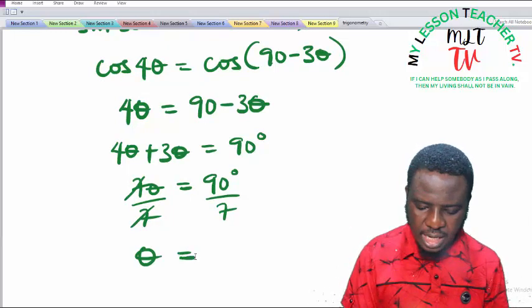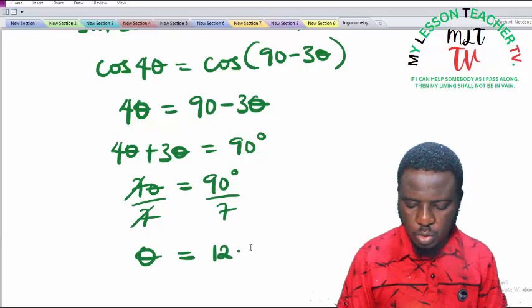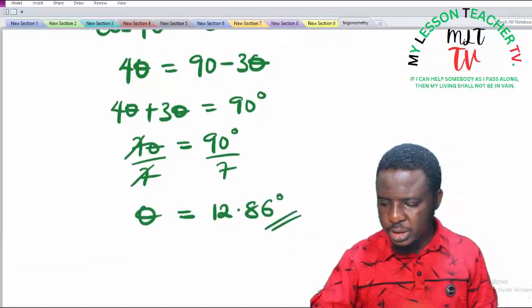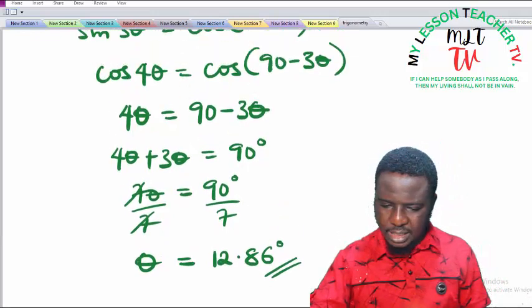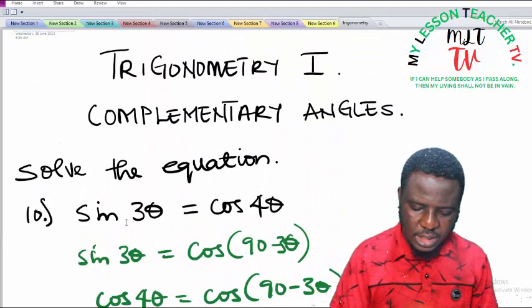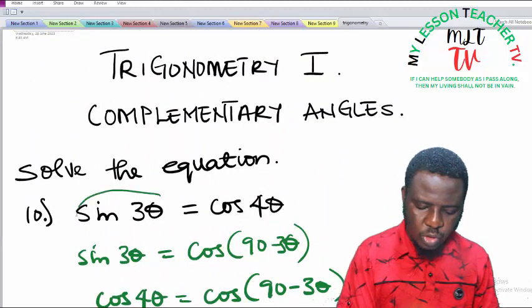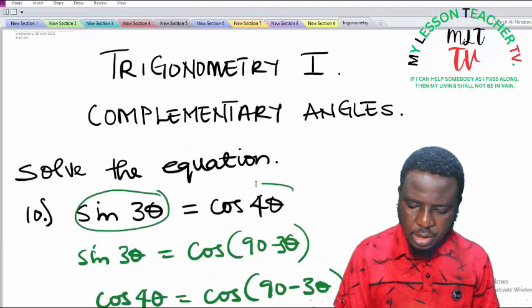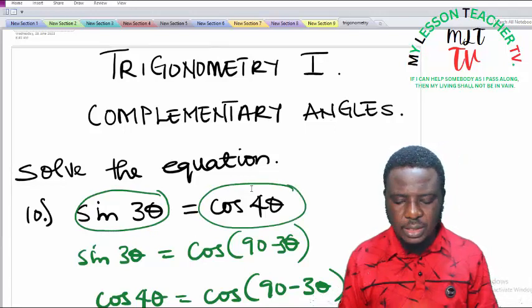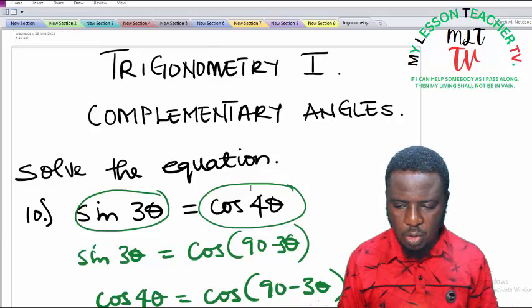And our answer theta is said to be equal to 12.86 degrees. So this is our answer. Now when you substitute 12.86 for theta in this equation, it makes what you have on the left hand side equal to what you have on the right hand side when you punch your calculator.